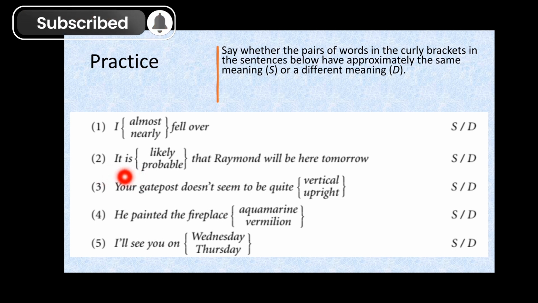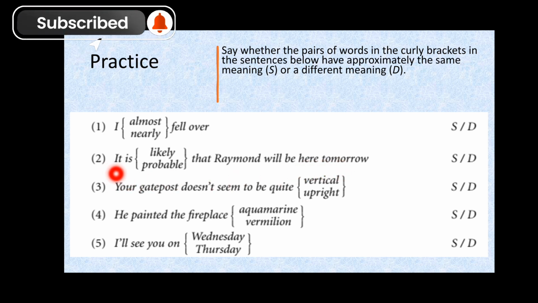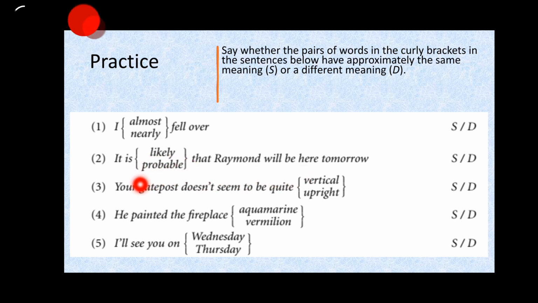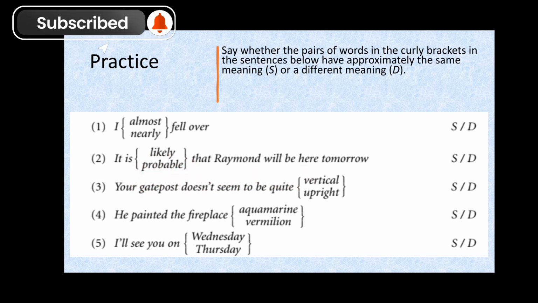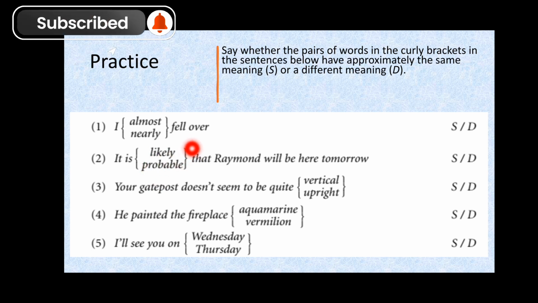Second example. It is likely that Raymond will be here tomorrow, and it is probable that Raymond will be here tomorrow. So what do you think? Do likely and probable have the same meaning or different? Yes, just think for a while. If you answer that it is the same, you are correct.